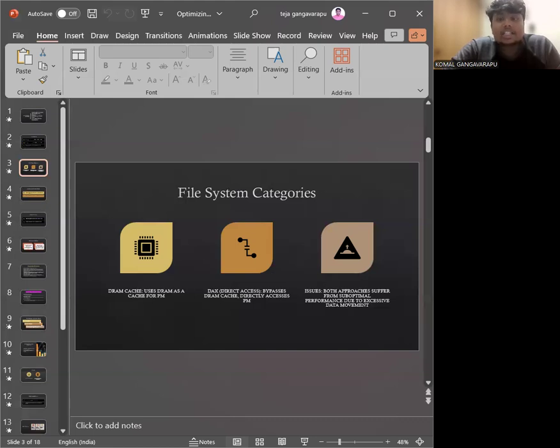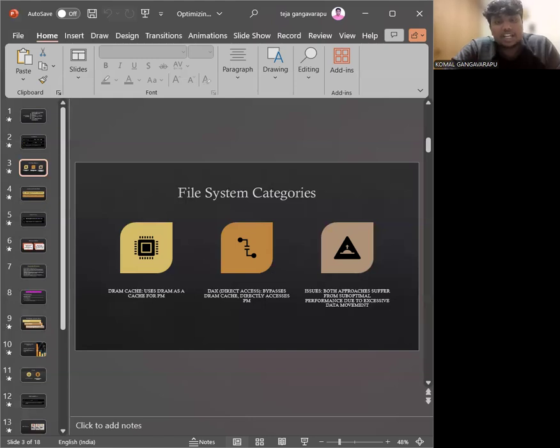The slide highlights that excessive data movement is a common challenge in these systems. In the DRAM cache approach, data must be transferred between the application buffer and the DRAM cache, incurring a performance penalty.